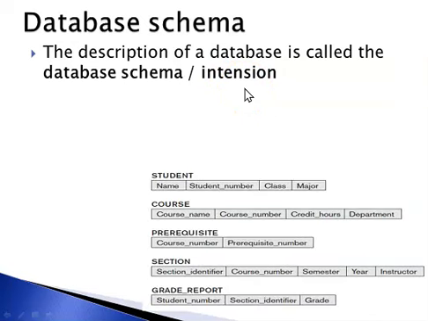The figure in the slide shows the schema diagram. The diagram displays the structure of each record type. Here it gives the structure of student, course, prerequisite, section, and grade report along with their attributes, but it does not show any actual instances of the records. Basically, it does not give you any information about the records or the rows in the tables.